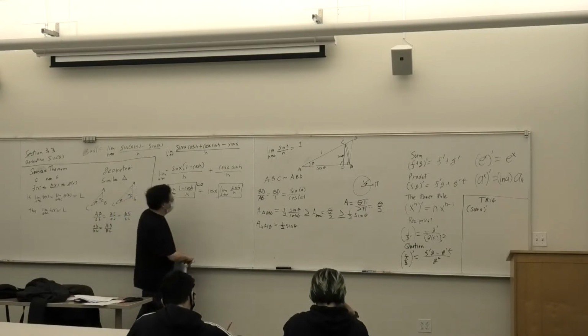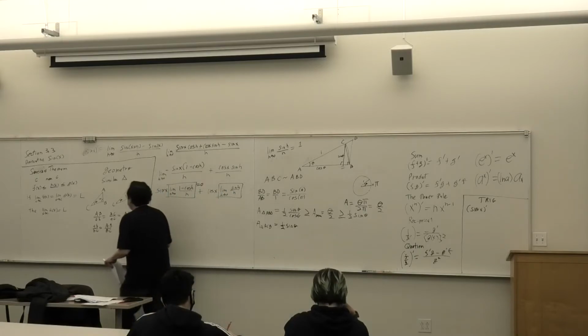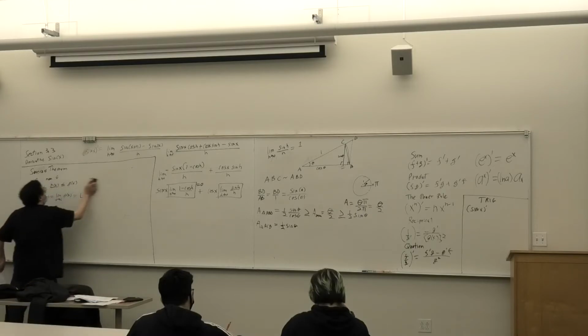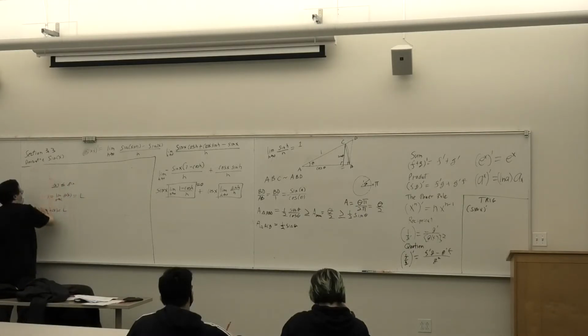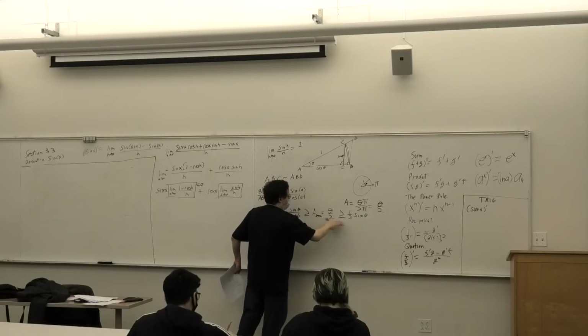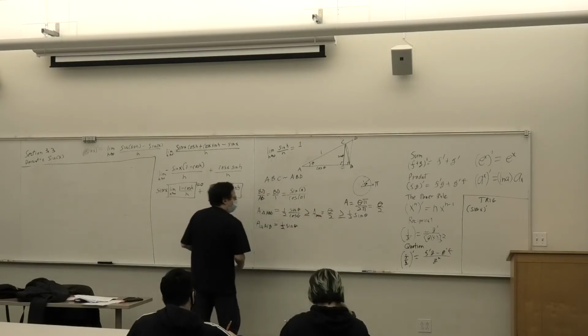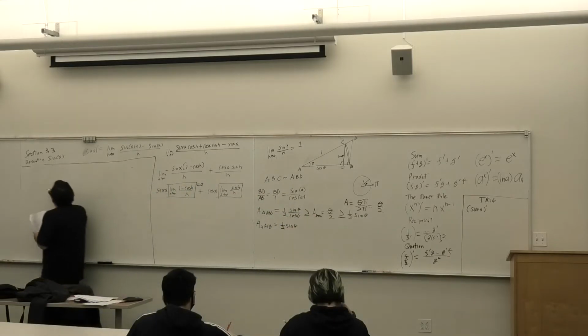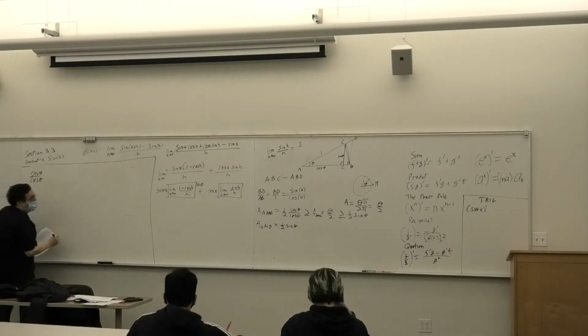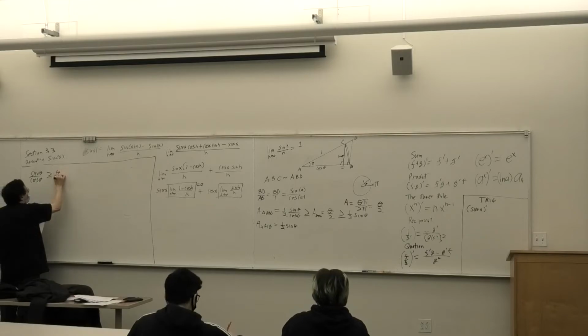So now we're going to do some manipulation here. The first thing we're going to do is rewrite these inequalities, but multiply through by 2. So we have sine theta over cosine theta greater than or equal to theta over 2.